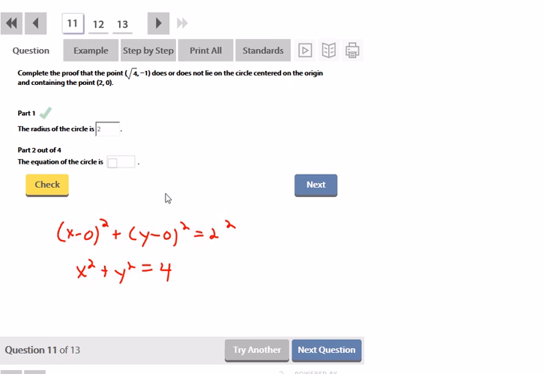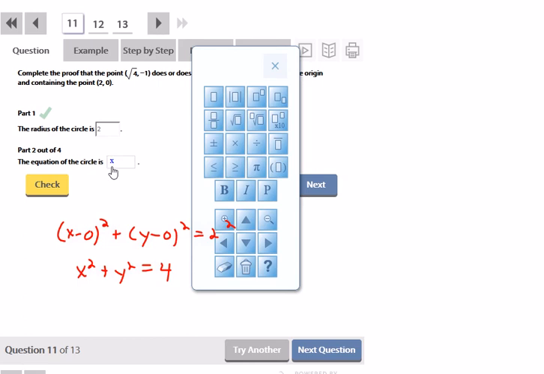So that's what I'll write in. X squared plus y squared equals 4.